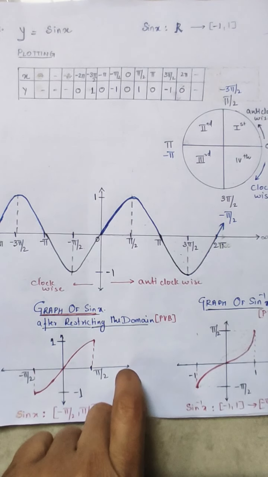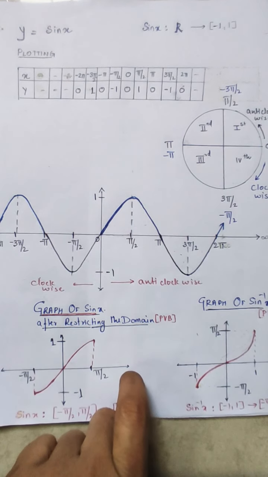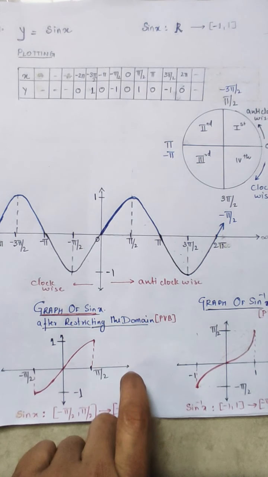Students, we have discussed what an inverse function is, what a trigonometric function is, the domain and range of trigonometric functions, how to find the domain and range of inverse trigonometric functions after restricting the domain, and what the principal value branch is. All these things we have discussed.